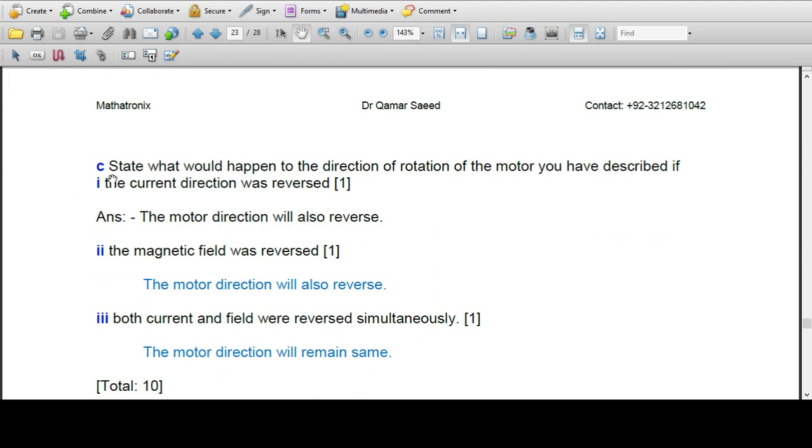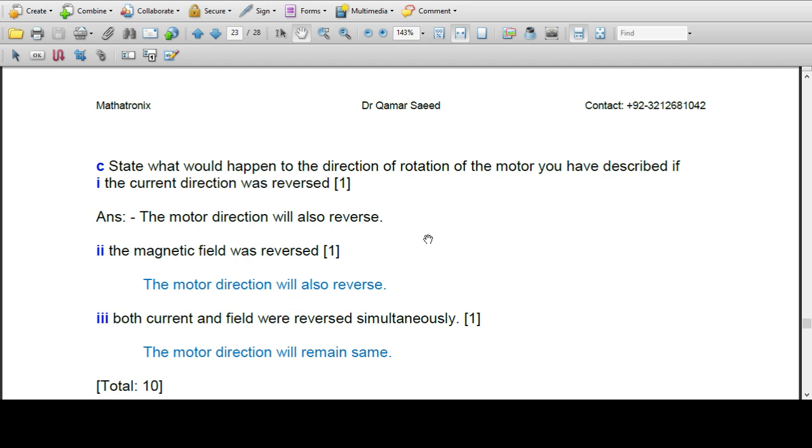State what would happen to the direction of the rotation of the motor you have described if the current direction was reversed. The motor direction will also reverse. If the magnetic field is reversed, the motor direction will also reverse. If both current and field are reversed simultaneously, the direction of motion will remain the same.